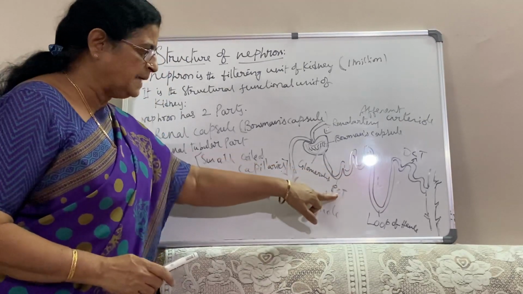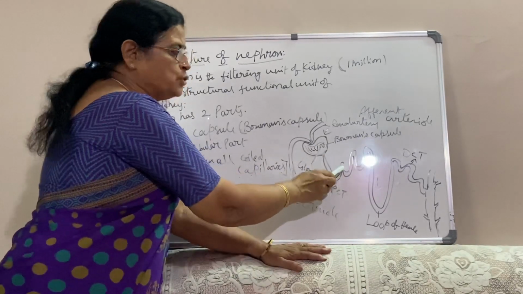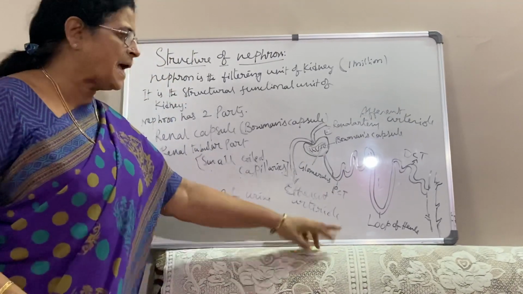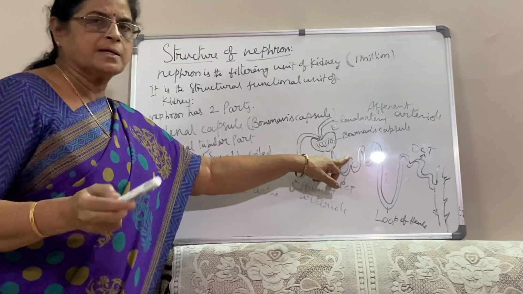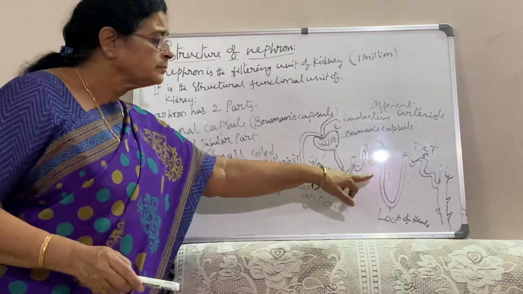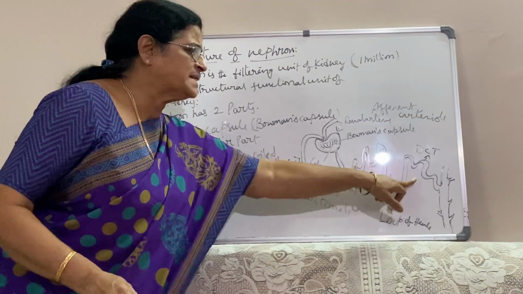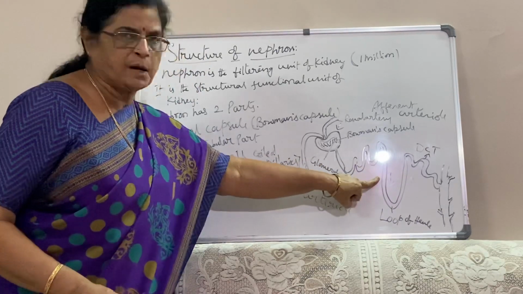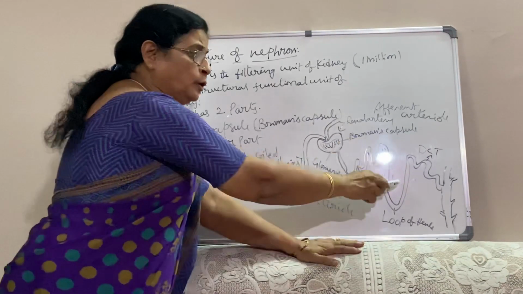The first part is the PCT, the proximal convoluted tubule, which reabsorbs the useful substances like water, amino acids, glucose, and ions of sodium, potassium, etc. And here the loop of Henle has descending and ascending tubules, where one is permeable to water, the other is impermeable to water but permeable to more ions.